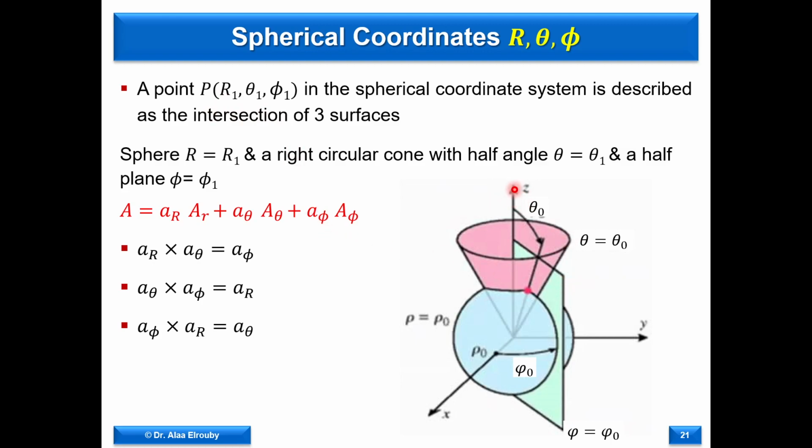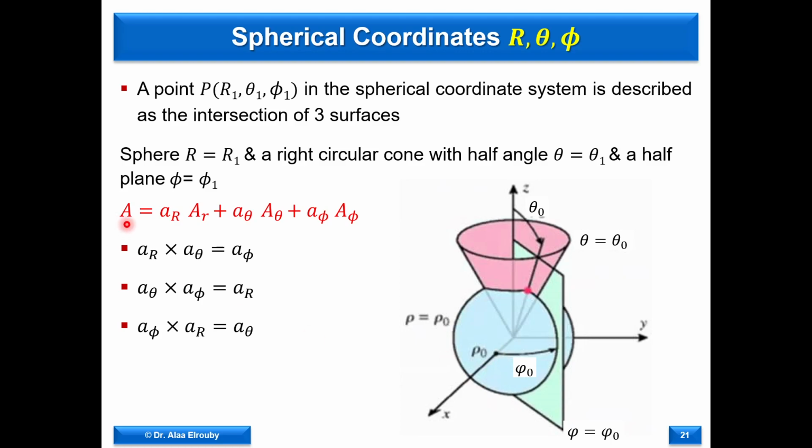Theta is the angle away from the z-axis, and theta changes from 0 along the z-axis to pi, or 180 degrees, which is in the negative z direction. Phi is the angle around the z-axis, which changes from 0 to 360, or from 0 to 2 pi.